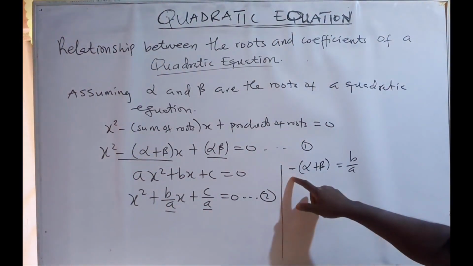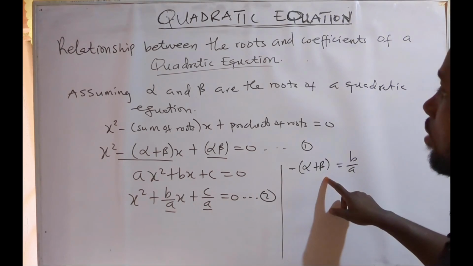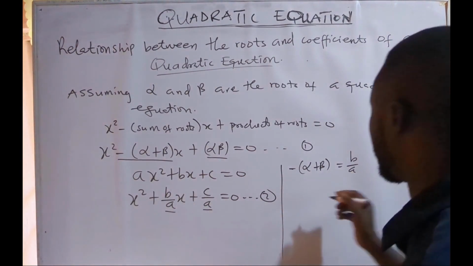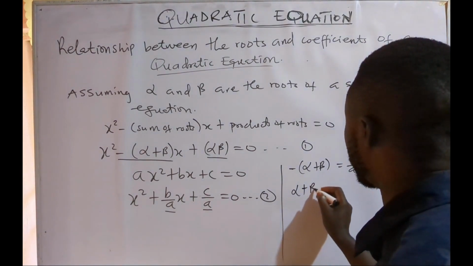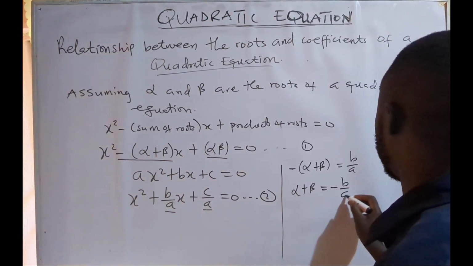If I want to get alpha plus beta, that is the sum of the roots, what am I going to do? I divide both sides by -1. So alpha plus beta equals minus b on a.